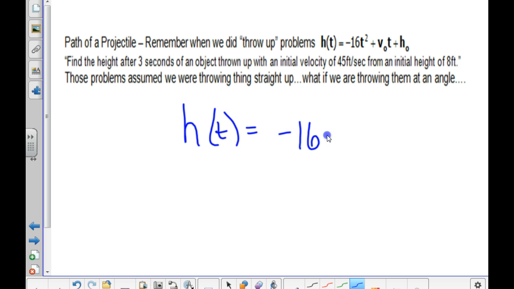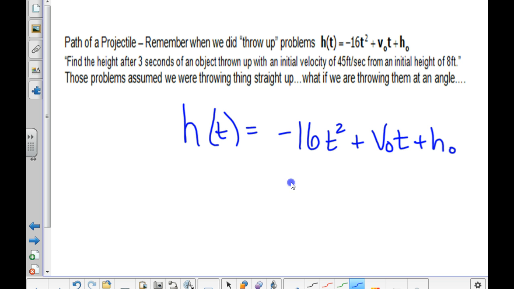Because of gravity, the height accelerates down, which is the -16. This has to do with the acceleration due to gravity, plus the initial velocity that we threw it up or down at. If we threw it down from the top of a building, the v sub 0 was negative, but most of the time it was a throw up, from an initial height.